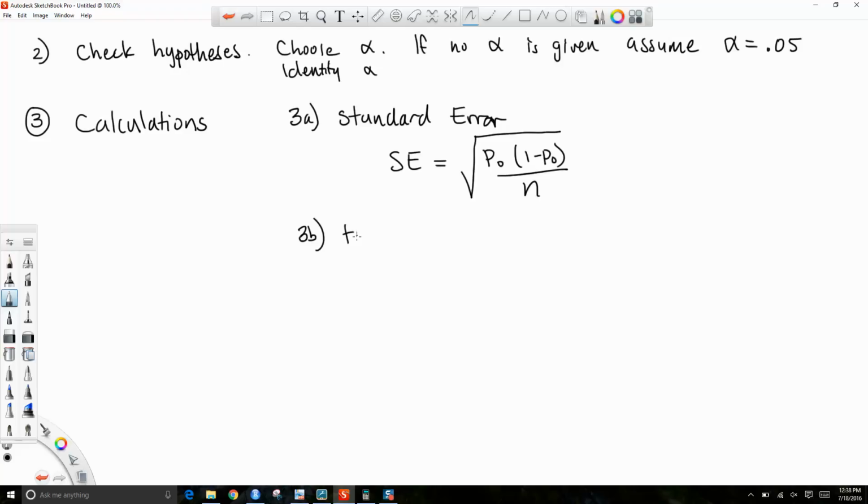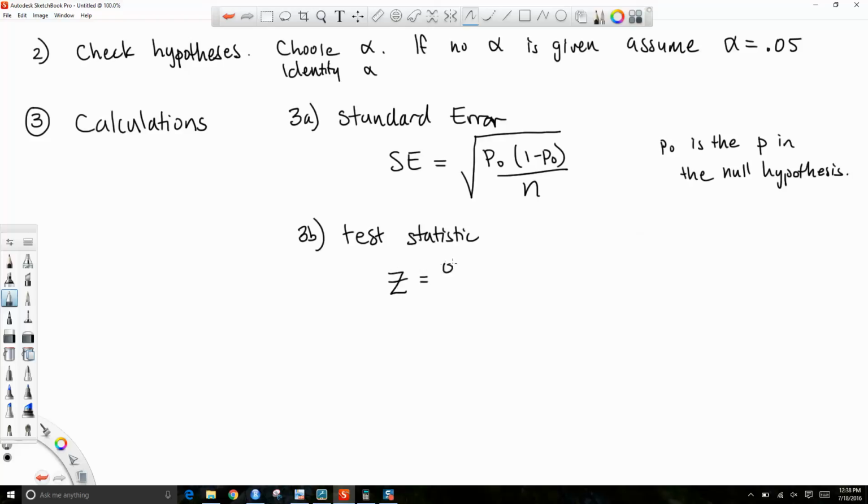3b is our test statistic, okay? Over here I should say p0 is the p in the null hypothesis. The test statistic here is going to be a z-score.